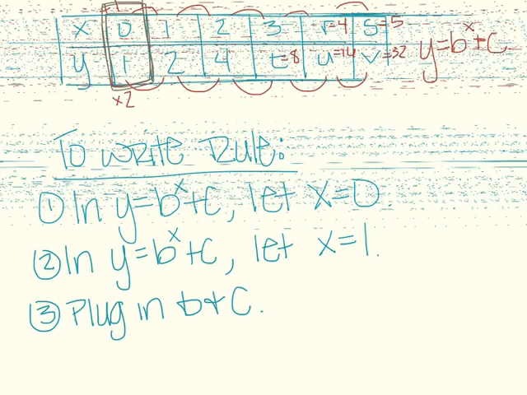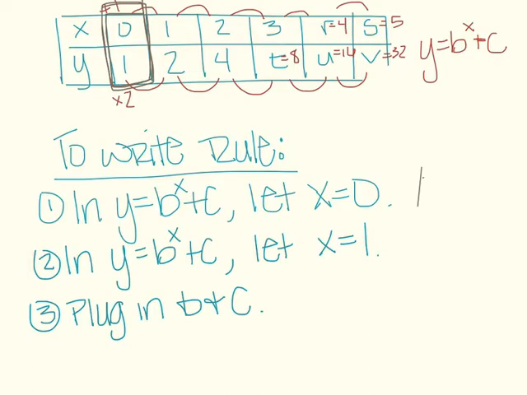So I'm going to write that ordered pair right here. When x is 0, y is 1. Then I'm also told in the next step to let x equal 1. So if we go back up here and see what happens when x is 1, I see that y is 2. So I'll write that ordered pair right here.